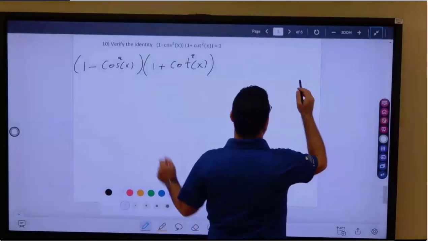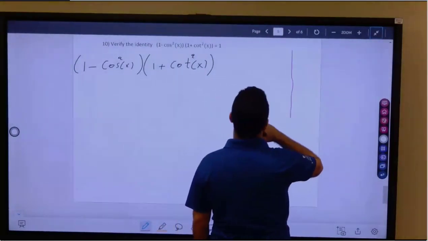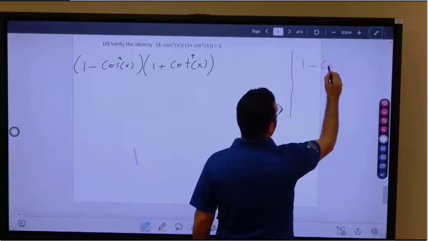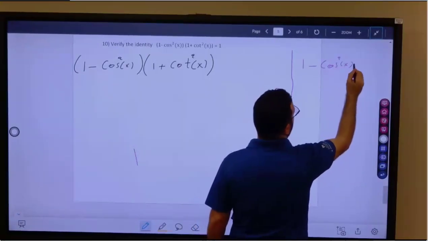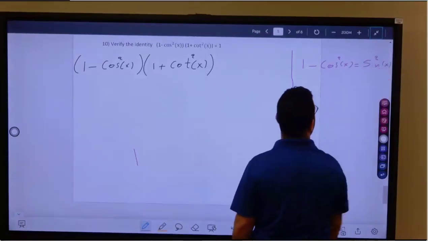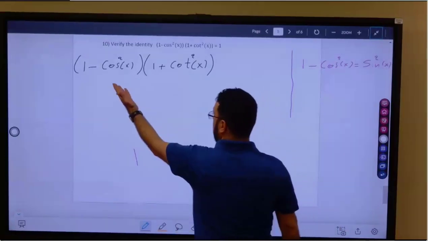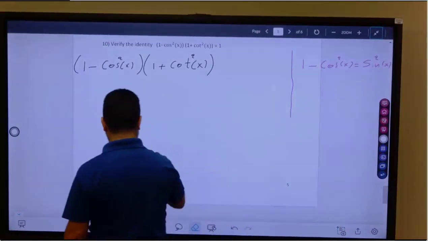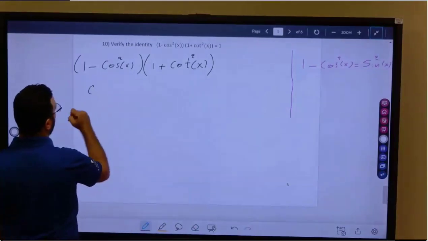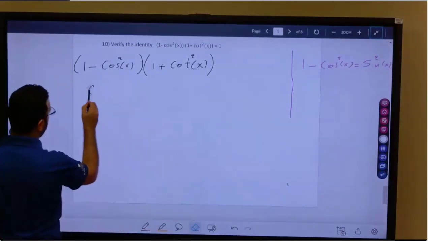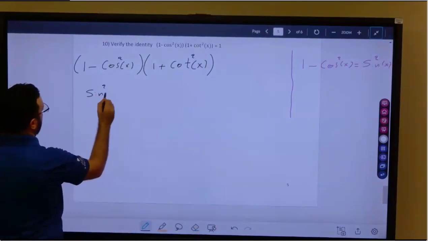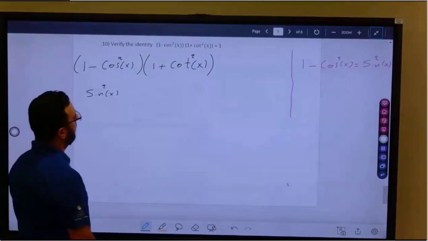If you look at these identities, you know 1 minus cosine squared x is equal to sine squared x. So this one is going to be sine squared x. Now let's check the other side.